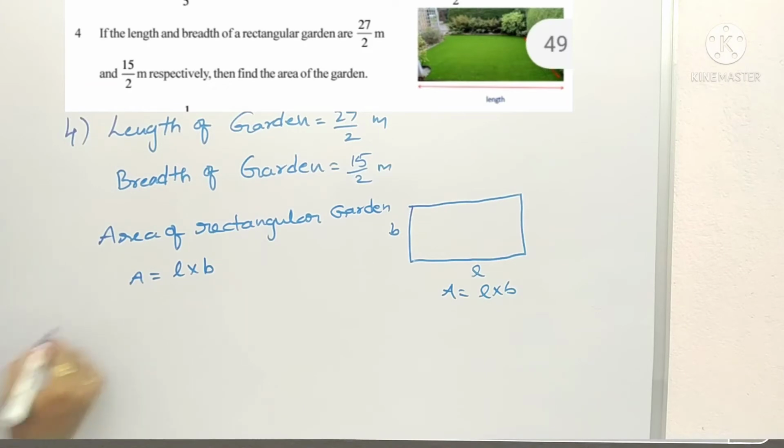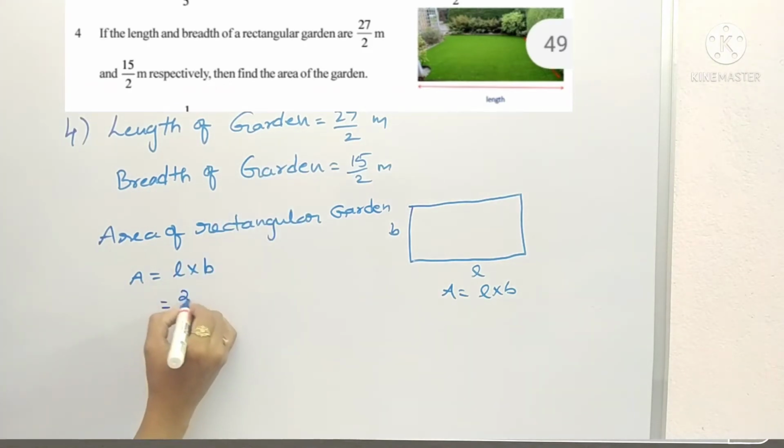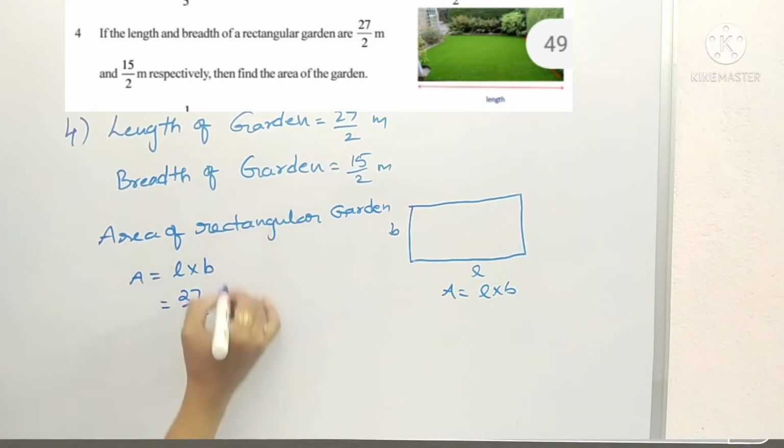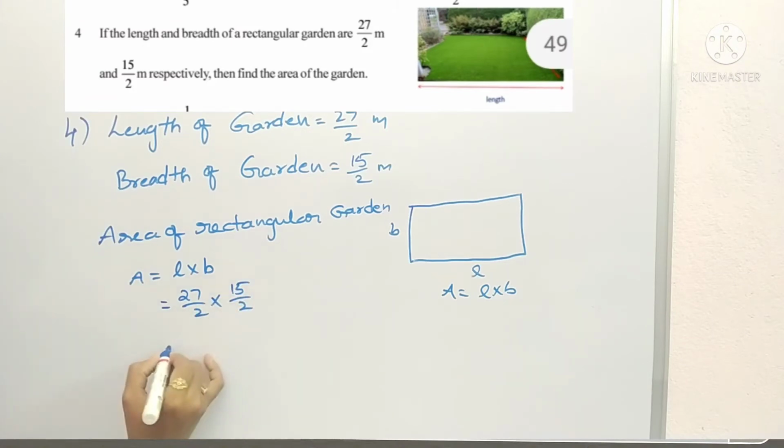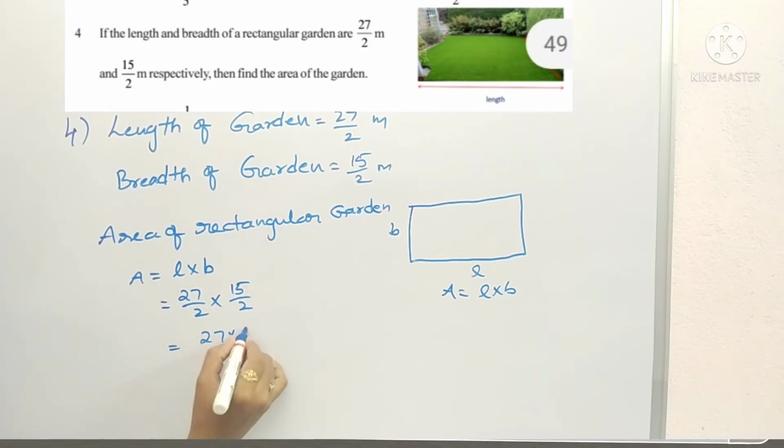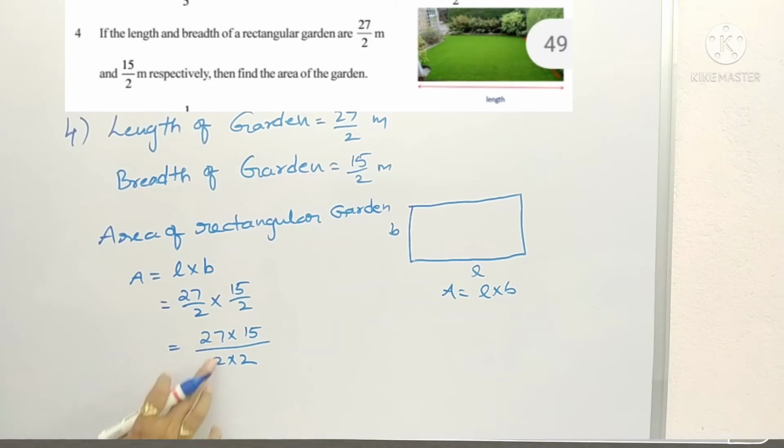So what is A here? 27 by 2 into what is B here? 15 by 2. So 27 into 15 by 2 into 2. So we cannot cancel 27 with 2 or 15 with 2, right? So simply multiply.